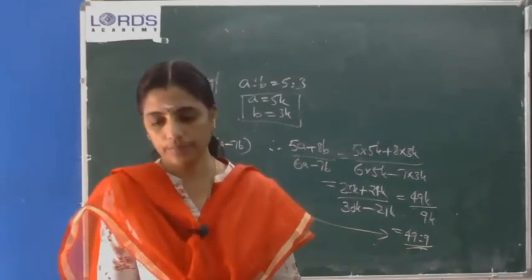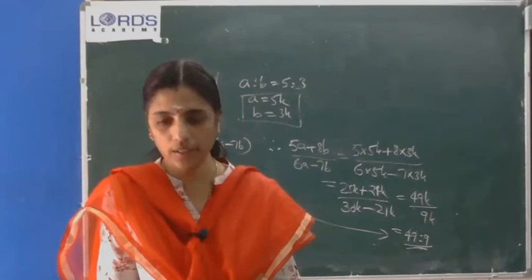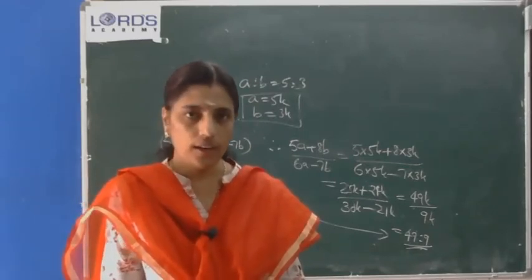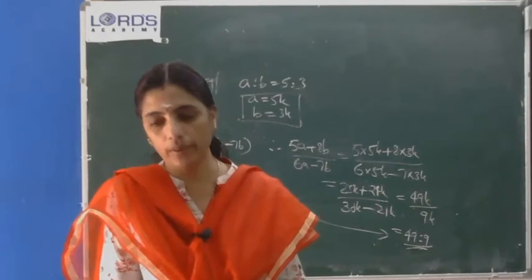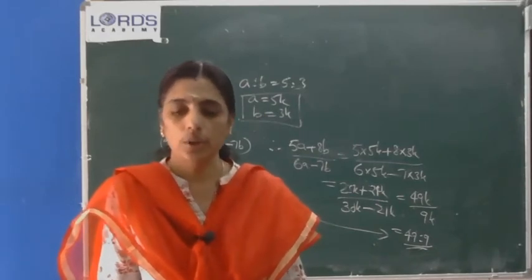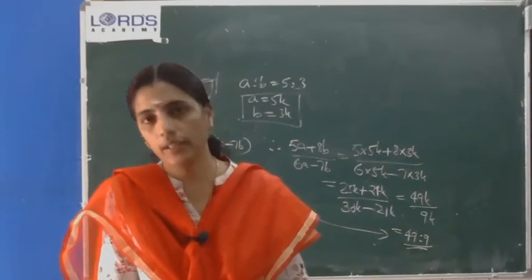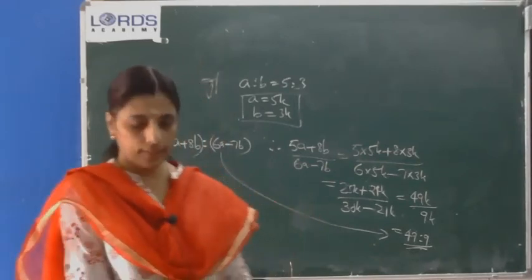Find the numbers. I will repeat. Two numbers are in the ratio 3:5. If 8 is added to each number, that means the new ratio is 2:3. Find the numbers. Read the question.